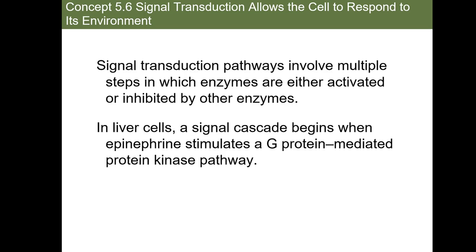Signal transduction pathways involve multiple steps in which enzymes are either activated or inhibited by other enzymes. In liver cells, a signal cascade begins when epinephrine stimulates a G protein-mediated protein kinase pathway. So remember, you have your receptor with the little tail on it with phosphates on it, which then can activate the G protein, which has a GDP on it, which then can be made into GTP, which is energized, which then goes and activates an enzyme that has catalytic function.